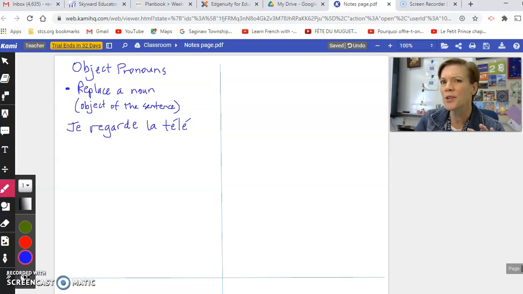Don't get the subject and the topic of the sentence confused. Sometimes people will say, well, the subject of the sentence is watching TV. That's what the sentence is about. That's the topic of the sentence. But the subject is a very specific grammatical term that means the thing that does the verb.